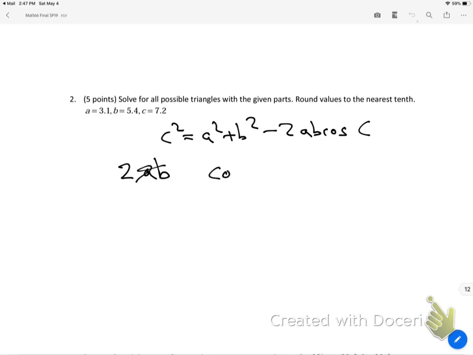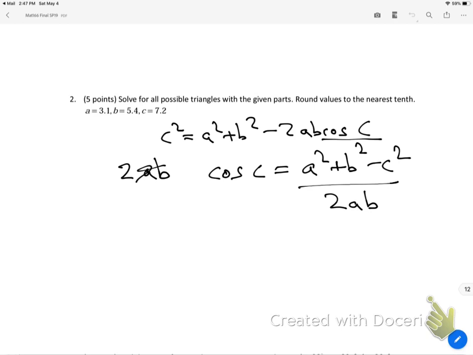If I rearrange this, then cosine of C is going to be A squared plus B squared minus C squared, all over 2AB. I'm just rearranging for cosine C. You can take a look in the book, on page 657 in section 7.2.